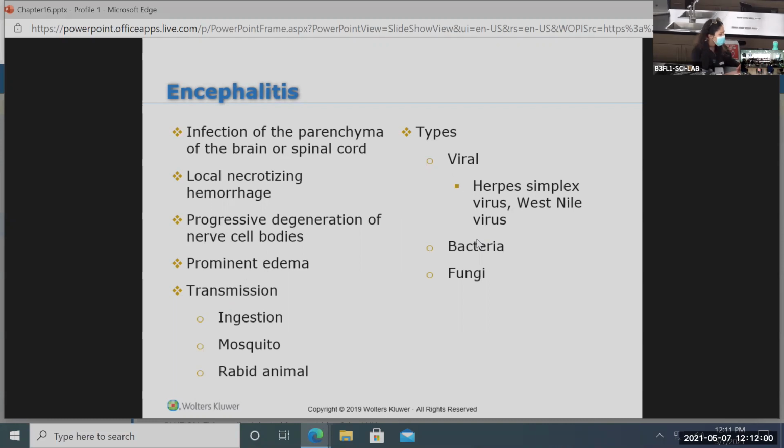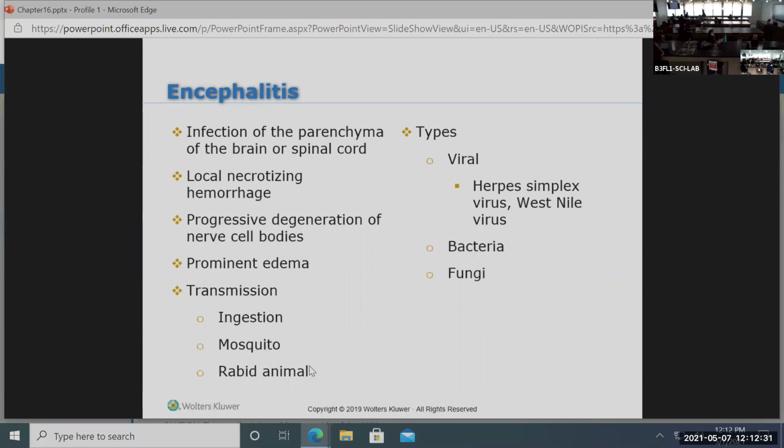Encephalitis, infection of the parenchyma of the brain and the spinal cord, encephalomyelitis. Transmission by ingestion, mosquitoes, and rabid animals.